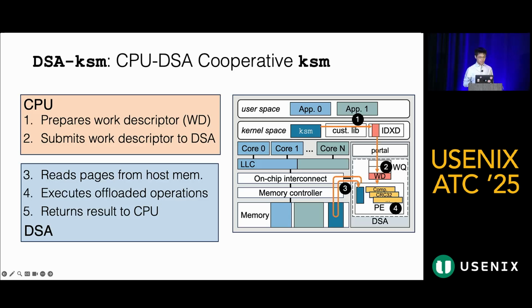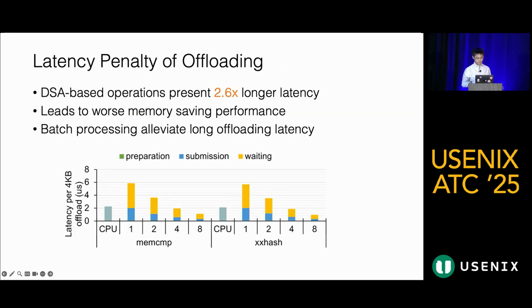So DSA-ksm successfully offloads the computation-intensive operations to the DSA side, but we quickly find a bottleneck, which is the offloading latency. While DSA-ksm can save CPU cycles, these DSA-based operations suffer from longer latency.